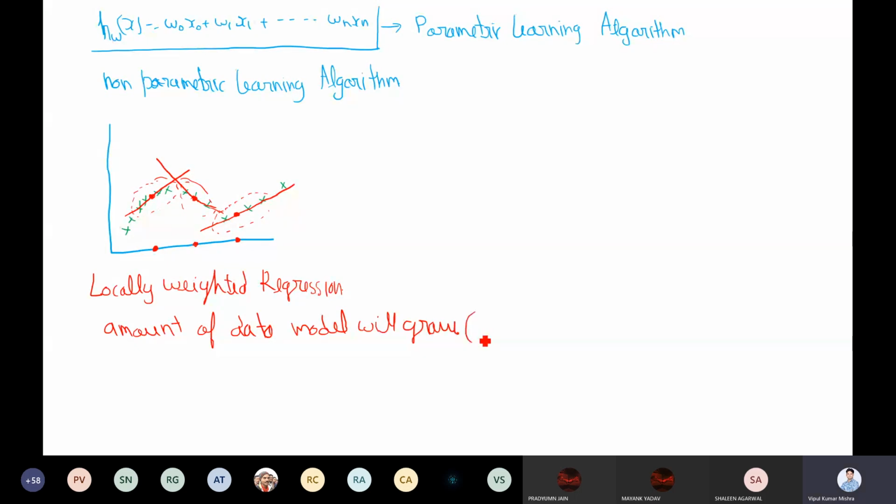Definitely that is a linear growth, but it will increase. So can anyone tell me why it is growing as the amount of data is increasing? In our previous case, as data is increasing, your model is not growing. Model will remain the same. But in non-parametric, or locally weighted regression, as your data is increasing, your model size is also increasing linearly.